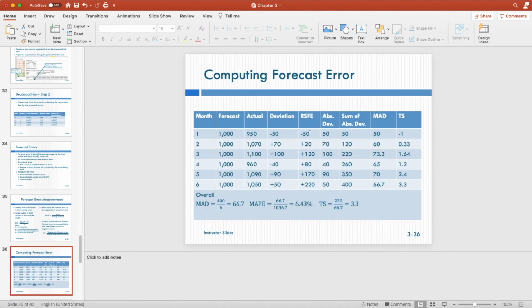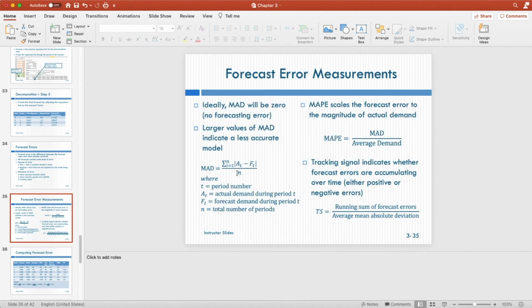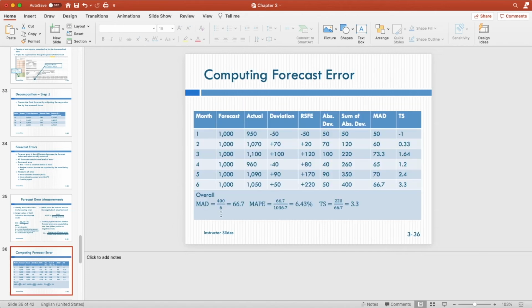If you calculate yourself, you will see that the result is 400. Then you divide by n, which is just how many pairs you have. Since you have 6 months, you have 6 pairs, so you divide by 6. That gives 66.7. Very simple. So the mean absolute deviation is 66.7.